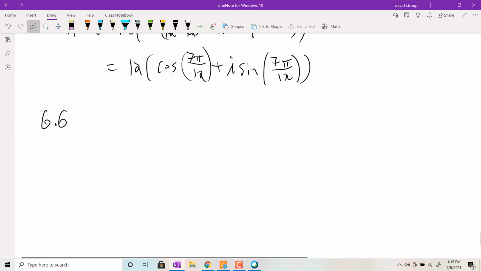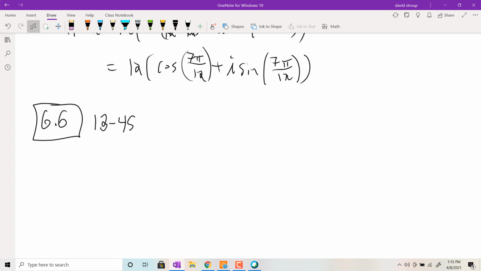6.6, we get into vectors: vector addition, subtraction, and scalar multiplication of vectors. So 13 to 45 odd. The first kind of problems, I need you to be able to take two coordinates and transfer those into a vector.